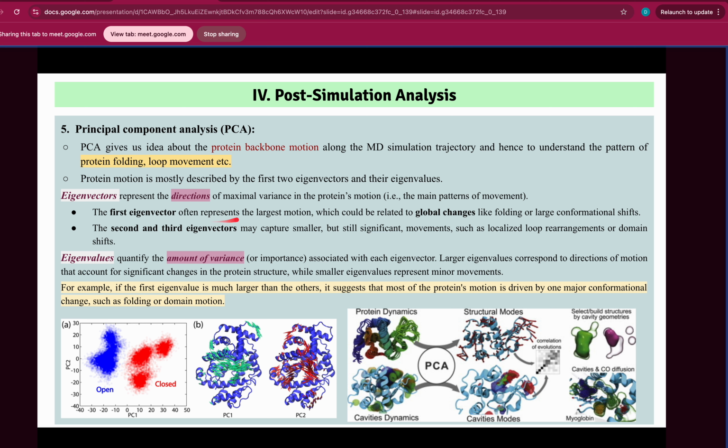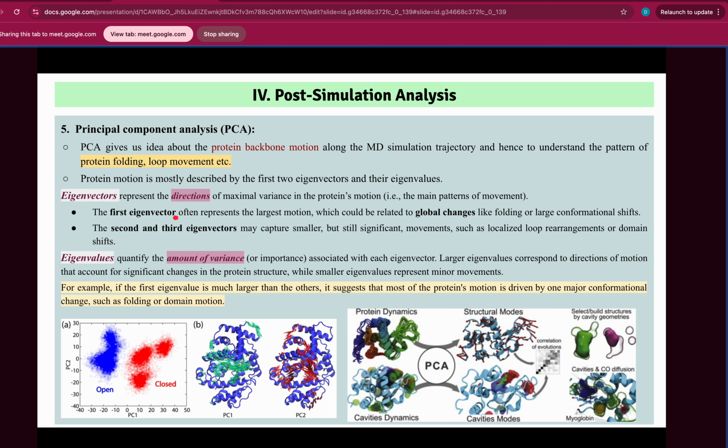The first eigenvector often represents the largest motion. It captures the largest motion, which could be related to global changes like folding or large conformational shifts, whereas the second and third eigenvectors capture smaller changes. It is possible that my protein is only moving a little, or it can show a bigger change.